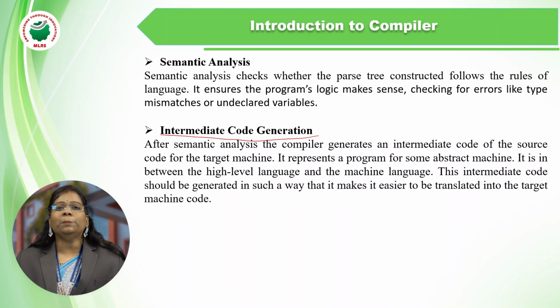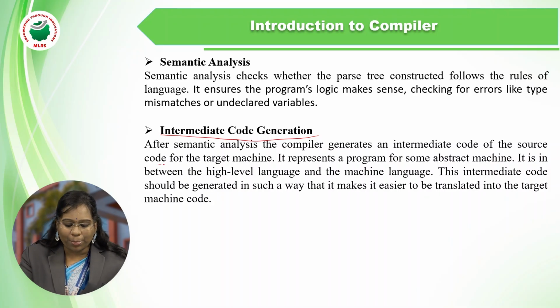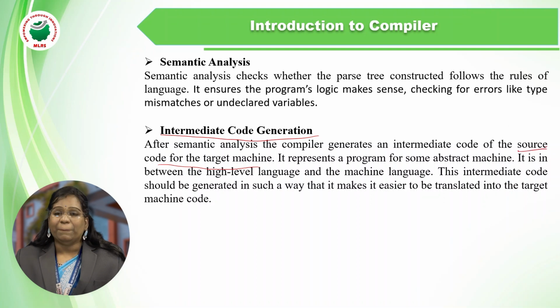So intermediate code generation takes the input from the semantic analysis. The compiler generates the intermediate code between the source code and the target machine. It represents the source code for a target machine.